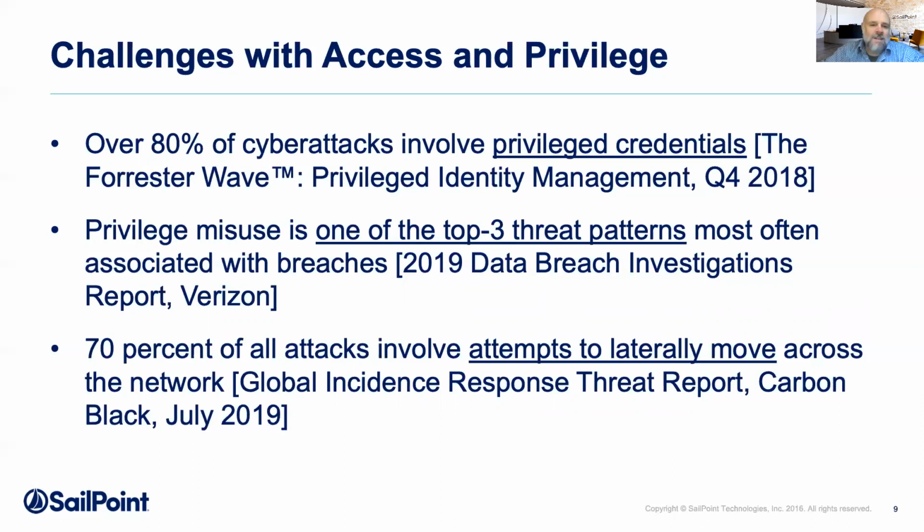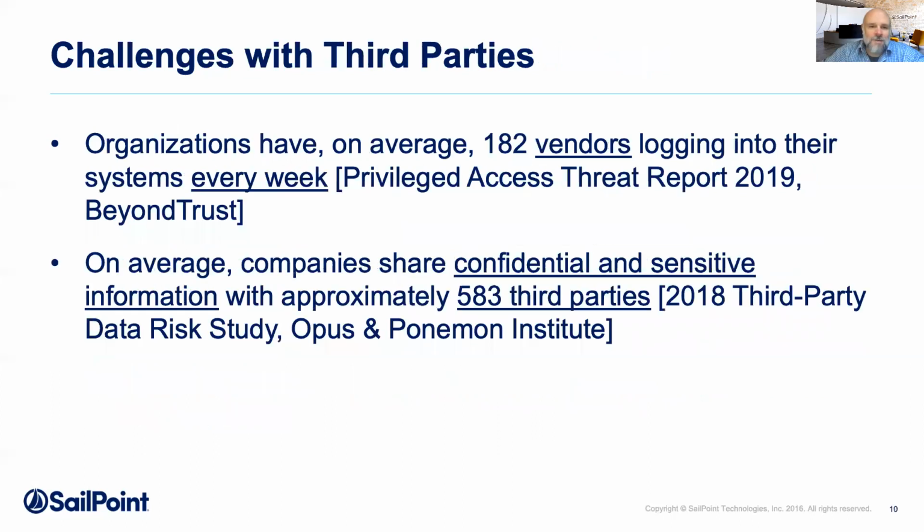And we're seeing that the vast majority of these breaches and just attacks in general, successful or not, are going after privileged accounts, and abuse of those privileged accounts, whether it's by an attacker or by an insider, is one of the top 3 patterns that shows up in the DBIR from Verizon. And then, of course, like I said, with lateral movement, once somebody's in, they're going to try to get around.